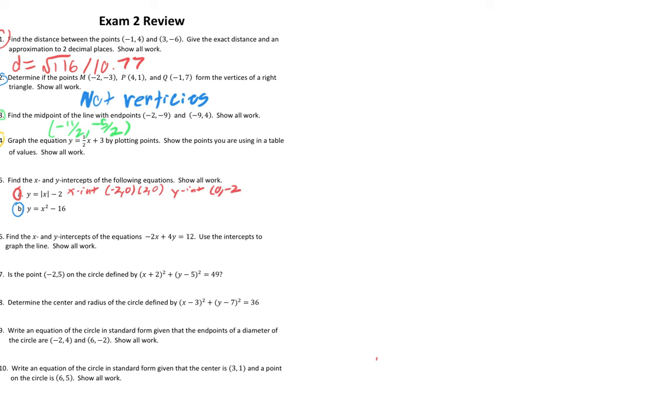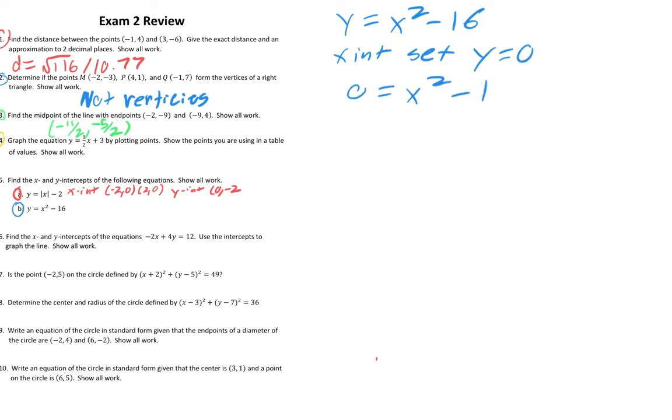Now we want to find our x and y intercepts for when y is equal to x squared minus 16. So to find our x-intercepts, we want to set y equal to 0. So 0 is equal to x squared minus 16. We're going to add 16 on both sides. So we're going to have x squared is equal to 16.